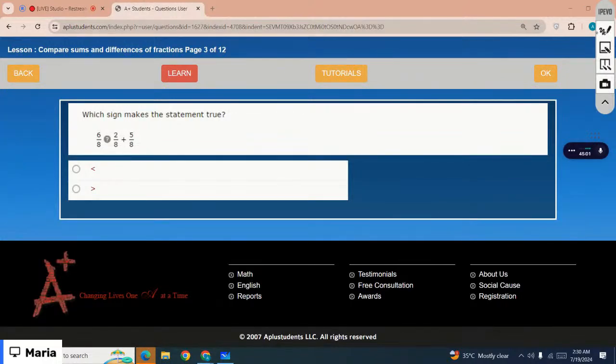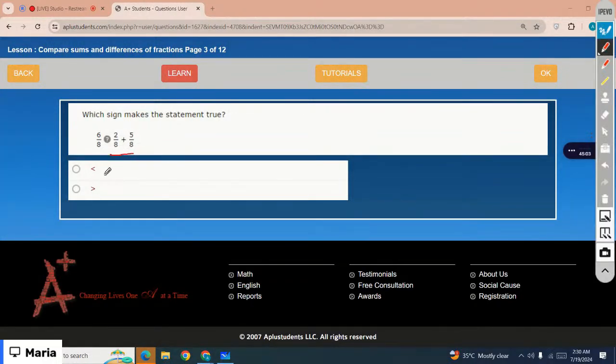Okay, then the next one is 6 over 8, and we have to compare it to 2 by 8 plus 5 by 8. So let's solve this side first. We need to add the numerators. That would be 7 over 8.